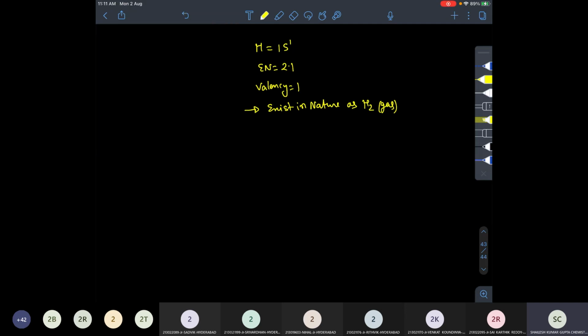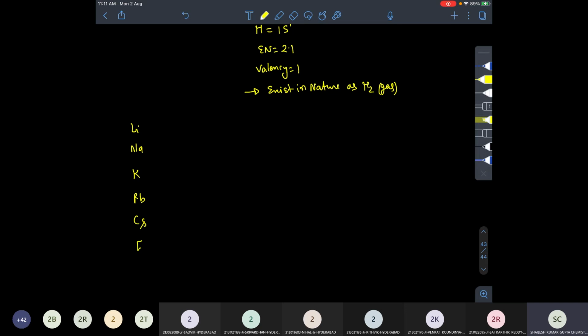So what is the similarity with group 1 metals? Let's look at the alkali metals: lithium, sodium, potassium, rubidium and cesium, and obviously francium is there. You can see they are all metals, they exist as solids.